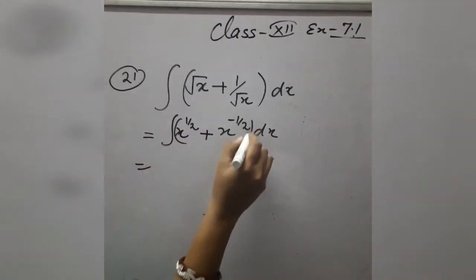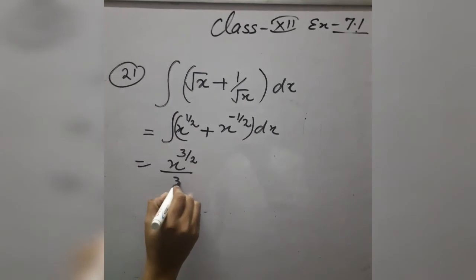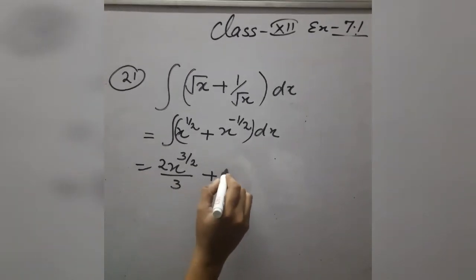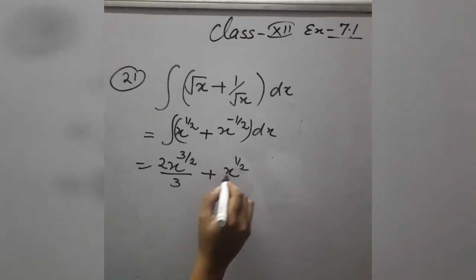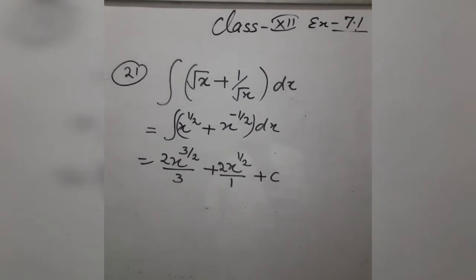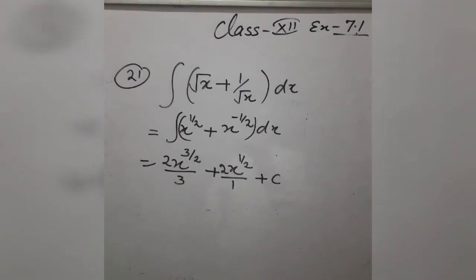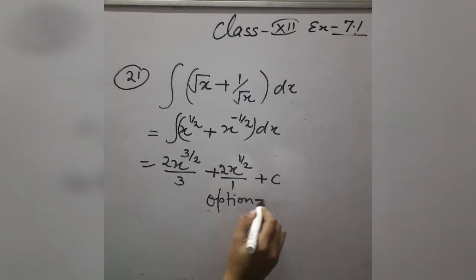Now taking integration. Integration of x raised to power half is x raised to power 3 by 2, divided by 3 by 2. Plus when you add 1 to minus half, it becomes plus half, divided by half, plus integration constant c. So this is option number C. C option is the correct answer in this sum.